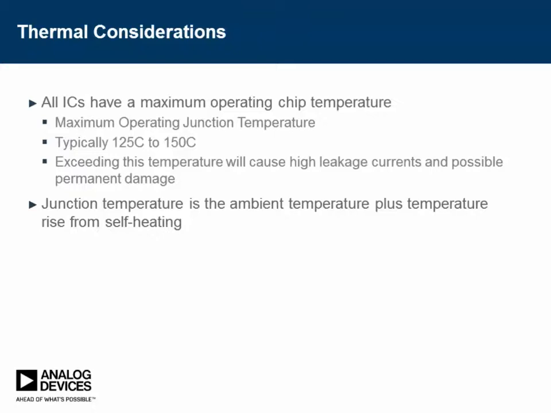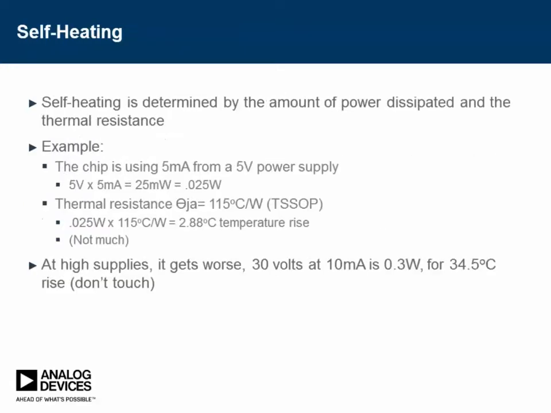But the junction temperature is the ambient temperature plus the temperature rise from self-heating, which is generated by the product being in use. So it's determined by the power dissipated and the thermal resistance of the product. For example, if the chip is using 5 milliamps from a 5-volt supply, that's 0.025 watts.